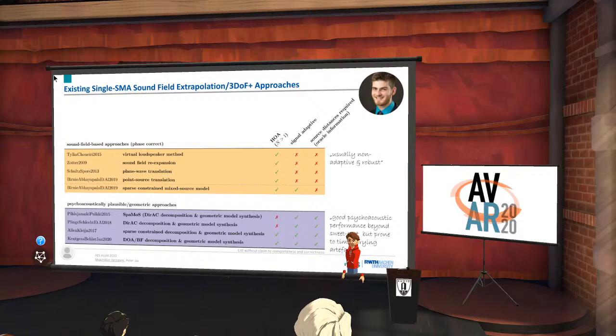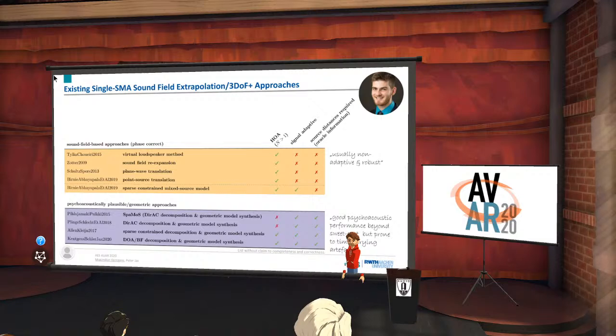And they're usually non-adaptive and robust. And they don't require source distance information, but they are limited in translations within the sweet spot. One special role here plays the very impressive work by Bernie et al., who used sparse constraints on the signal, and with the help of compressed sensing, they also achieve very good performance beyond the sweet spot.